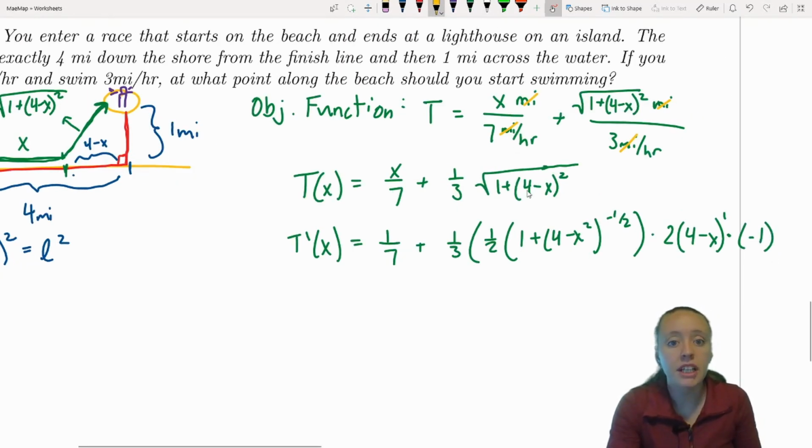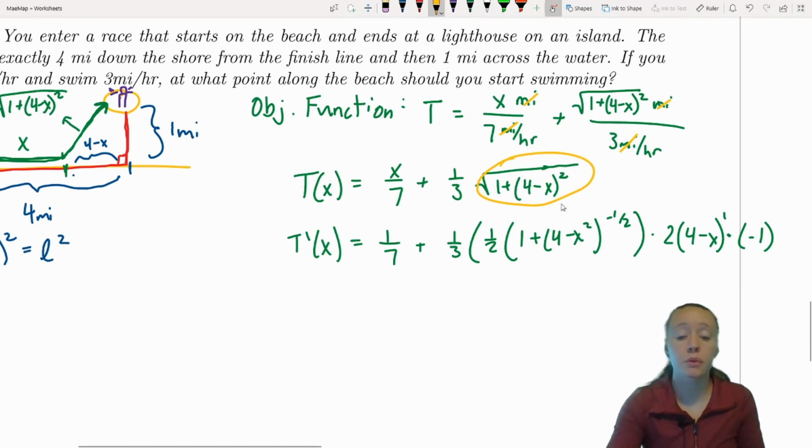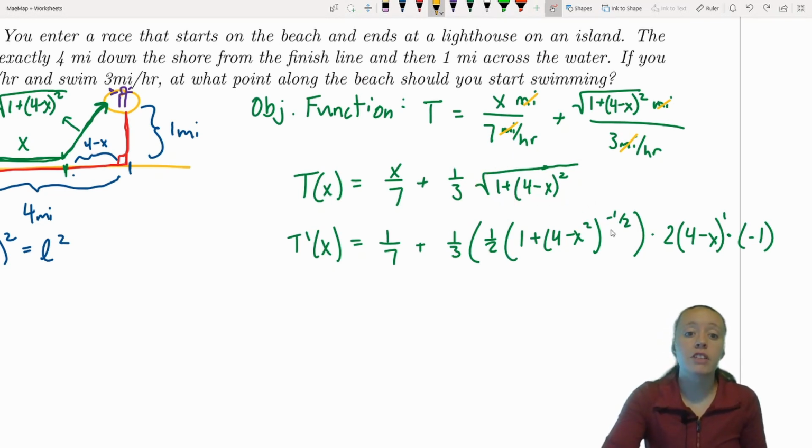So again, remembering that chain rule, I first had to deal with the square root, dropping that 1/2 down in front, then decreasing my exponent by 1, and then my next innermost function, I had that squared, and then finally multiplying by the derivative of my innermost function.